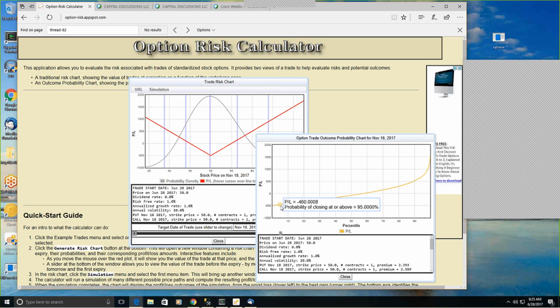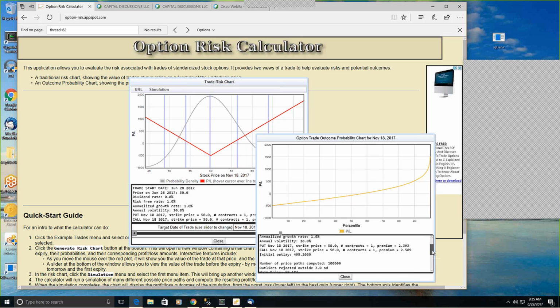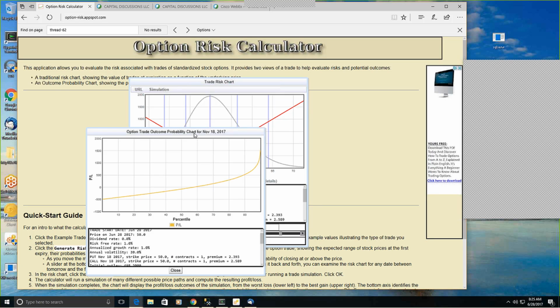So question, how many simulations do I run to create the chart? It's 100,000. Yes, there it is. It runs 100,000 simulations. We throw out outliers, and the main reason we throw out outliers is they don't add a lot.